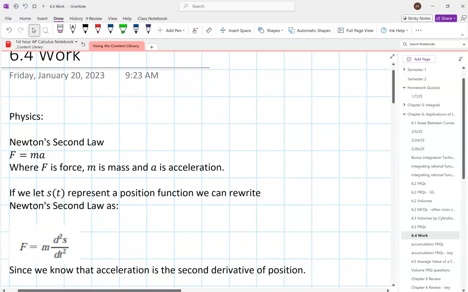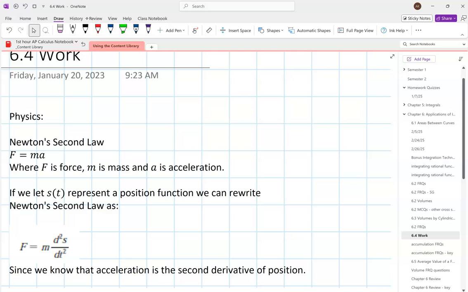So section 6.4 is about applications for integrals. One specific application is the calculation of work, specifically like work in a physics setting. So those of you that are in a physics class or have taken a physics class should see some familiar concepts here.